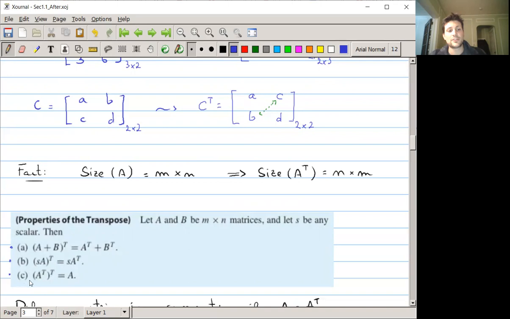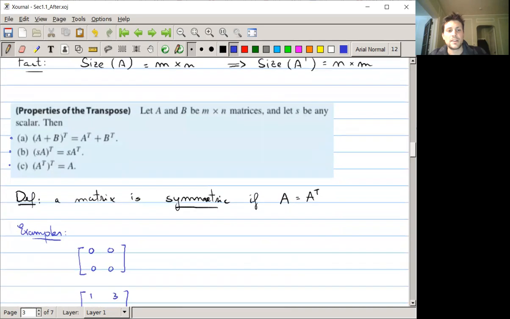And taking the transpose twice gives me back the original matrix. That's not surprising. If you think of a matrix and then you transpose it, and then you do it again, you end up with the matrix that you started with.